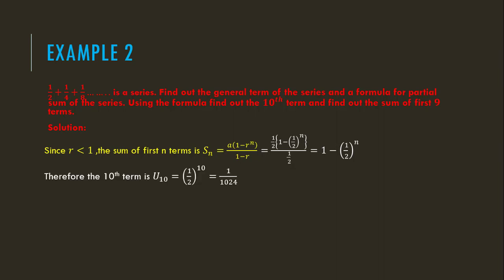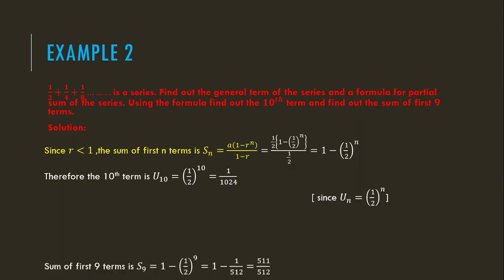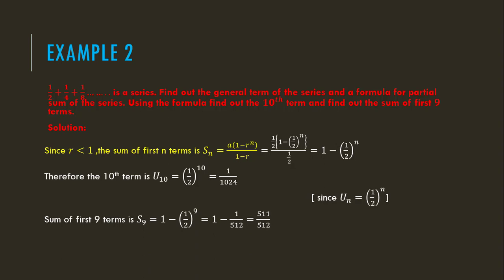Now we are going to calculate the 10th term of the series, that is u10. Since u_n = half to the power n, we get u10 = half to the power 10, that is 1/1024. And the partial sum of the first 9 terms, S9, is equal to 1 - half to the power 9.